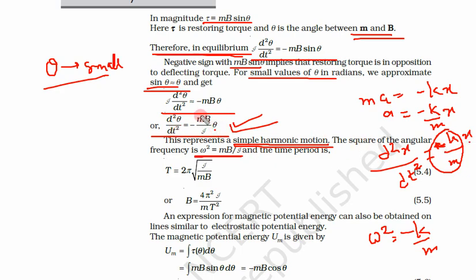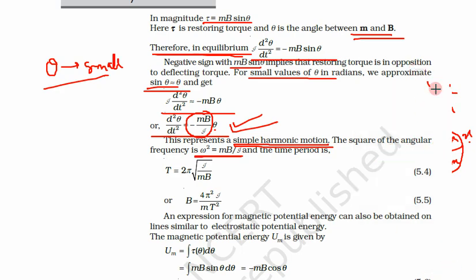In place of minus k by m, we have minus mb upon I. Let us leave this negative sign because frequency cannot be negative. So omega square is equal to mb upon I.